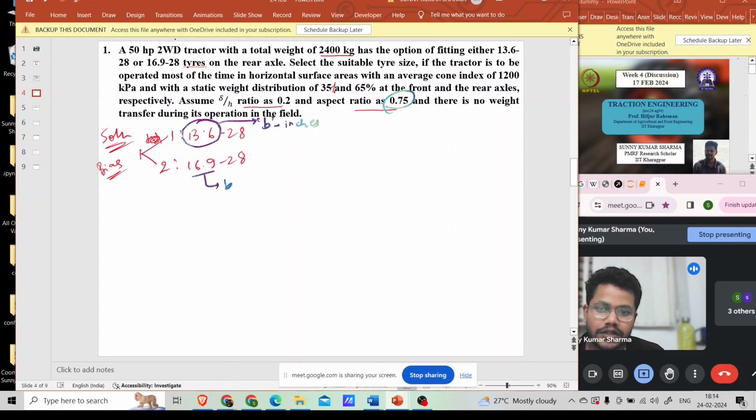So first you calculate the overall diameter of both wheels, D1 and D2. Sivaraman, you have calculated, right? Yes, sir. Into the calculations.